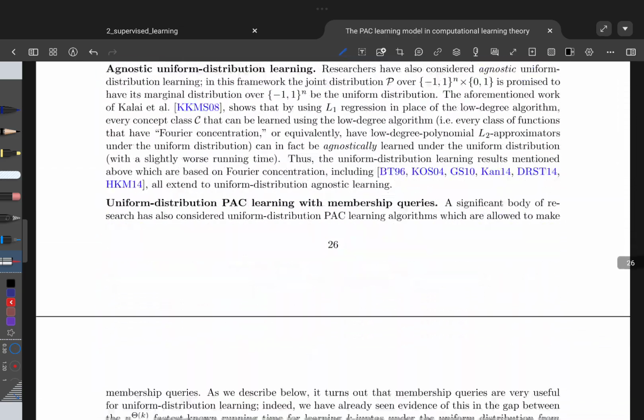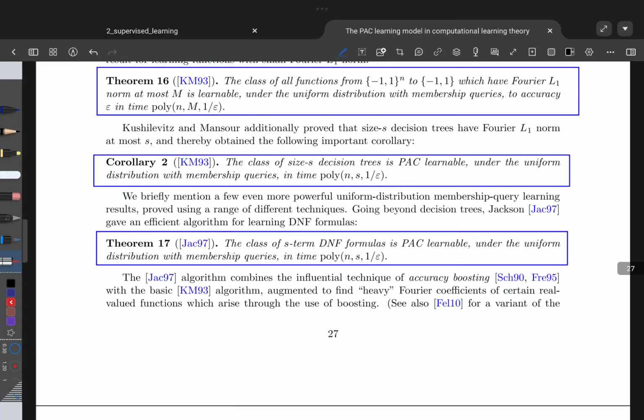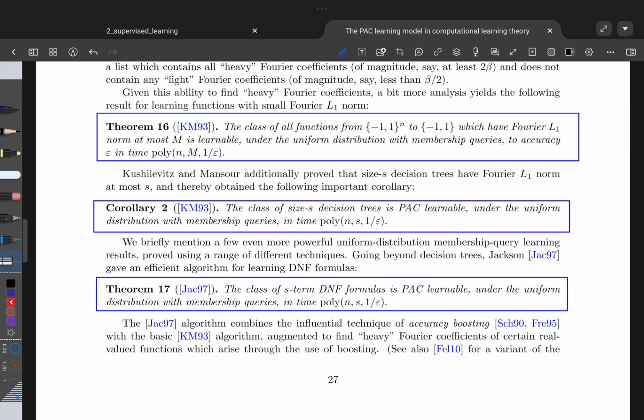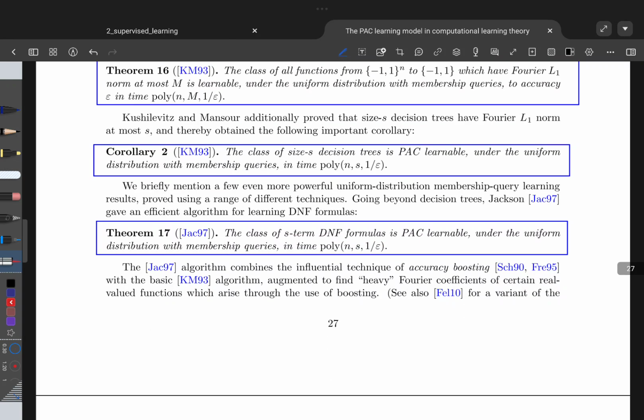So there's much more, and this particular approach allows you to say something about the PAC learnability of various complicated functions, including decision trees as well as DNF formulas. These are statements that sometimes you cannot make without distributional assumptions, and also things that you can't prove using other approaches.